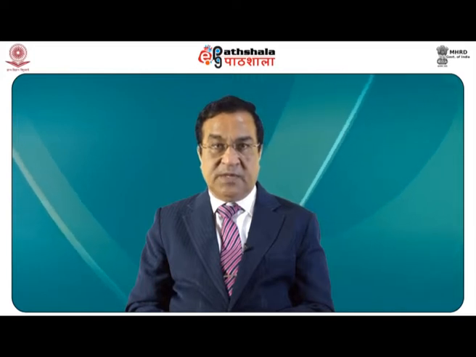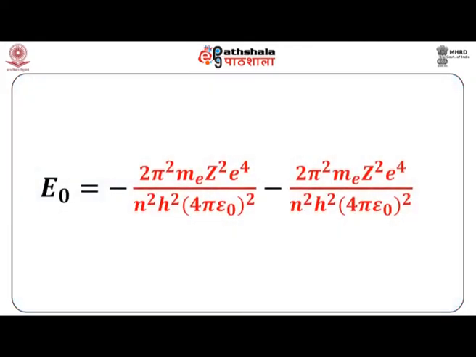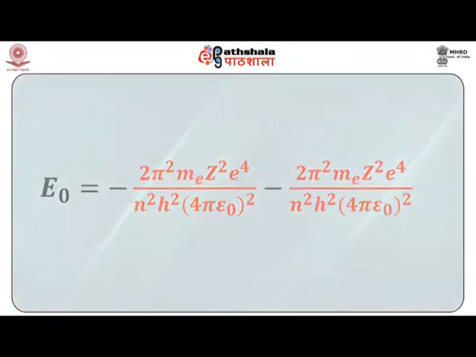If we consider the nucleus to be the origin, and if we neglect the interelectronic repulsion energy term, then the helium atom would have the energy given by this expression, which is just like the energy of two helium ions. Please remember that in this expression for E0, Z is the corresponding nuclear charge, and that is equal to 2.